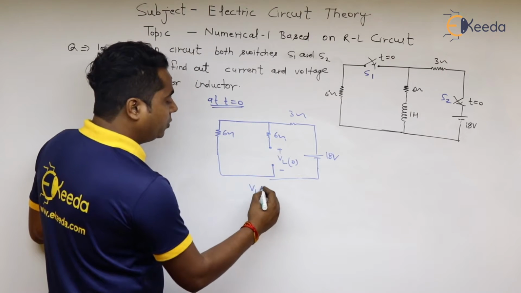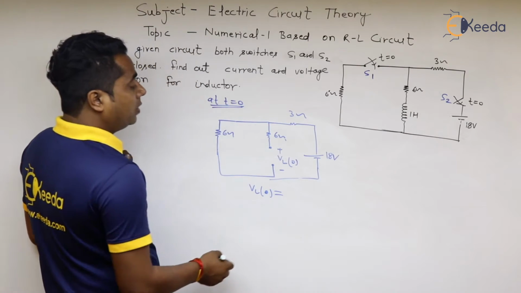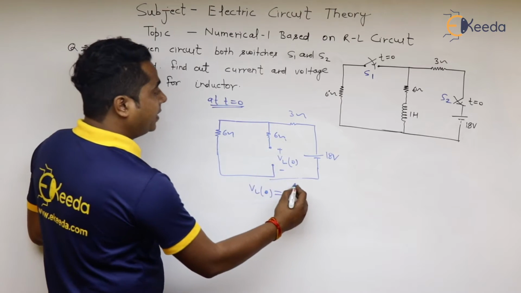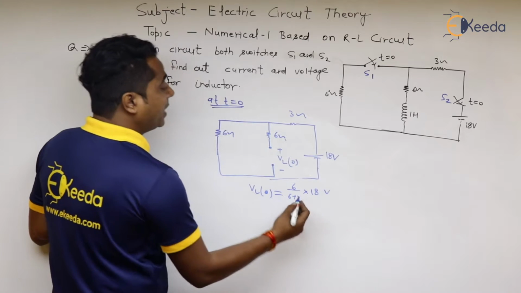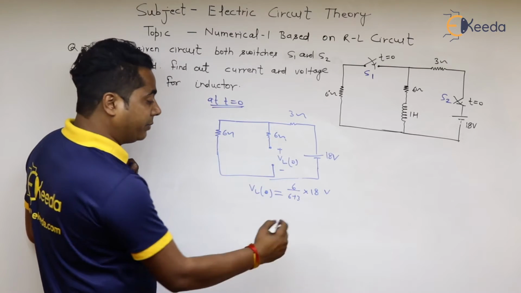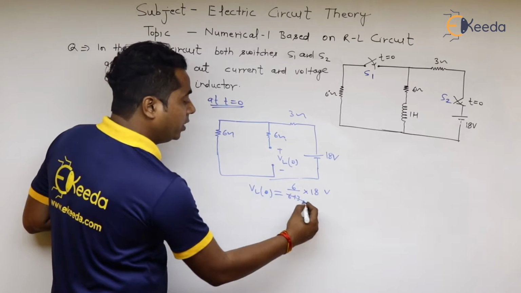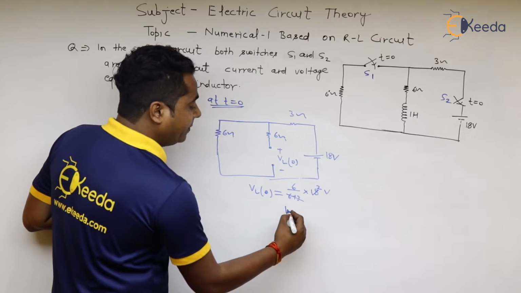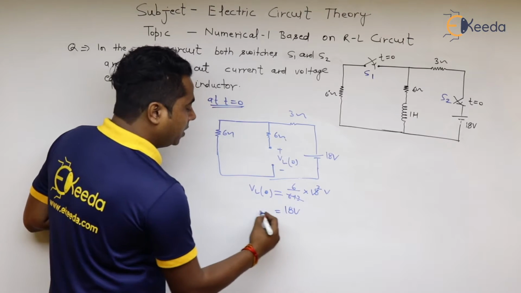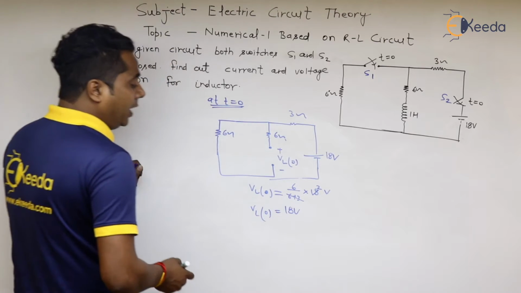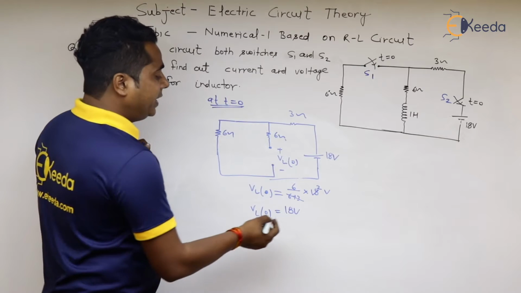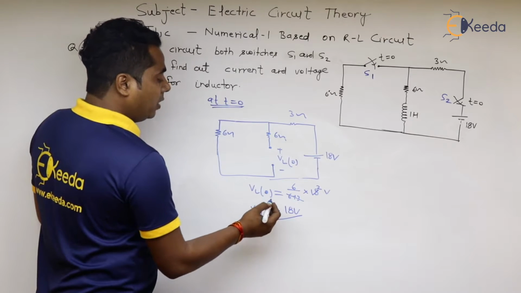VL0 will be 6 upon 6 plus 3 into 18 volt by the voltage division formula, and that will be coming to 18 volt. So the VL0 is equal to 18 volt, but we do not need this value.